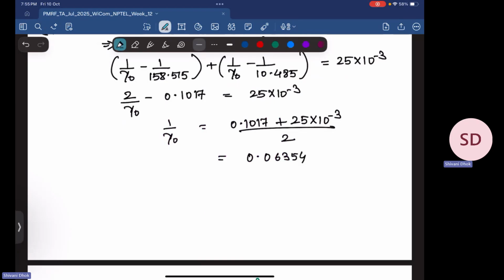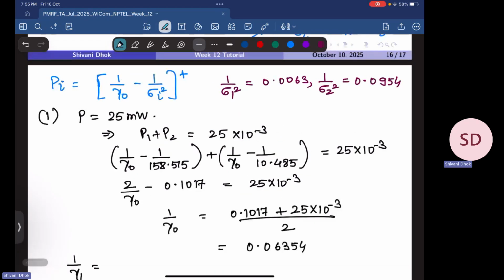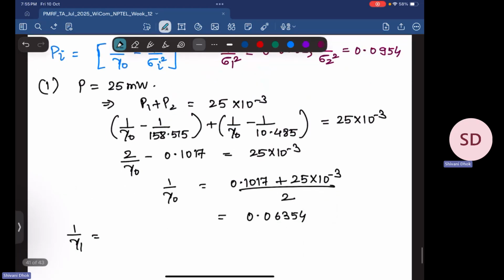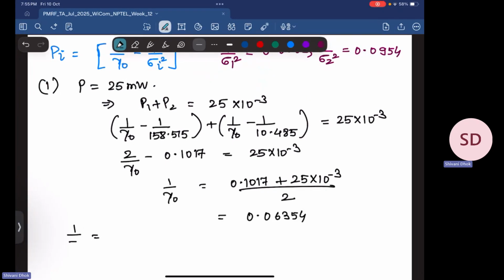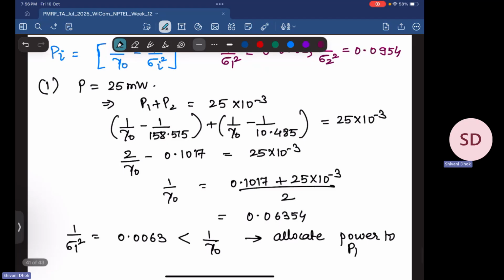Wait. 1 by sigma 1 square is 0.0063, and this is less than 1 by gamma naught, which means allocate power to P1.